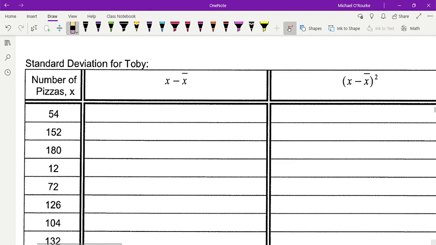Alright. So here's what we're gonna do. We're gonna split the group up again into Toby and Moby. Toby's group is gonna get a little bit of a benefit. Toby's average was 104, correct?